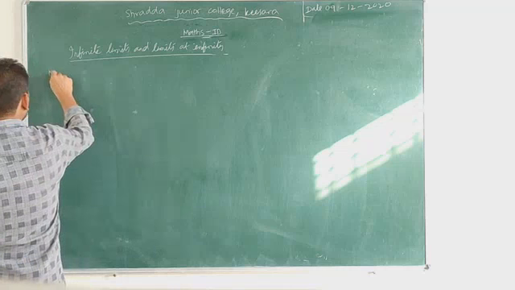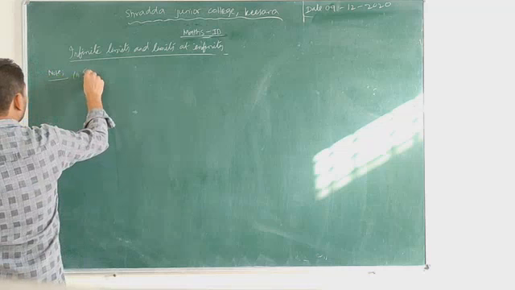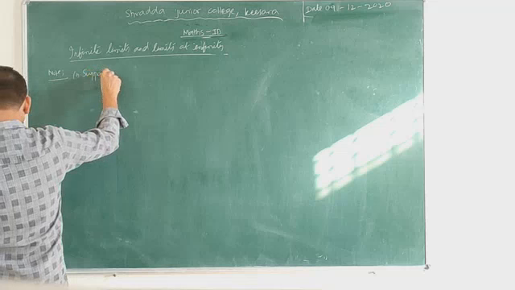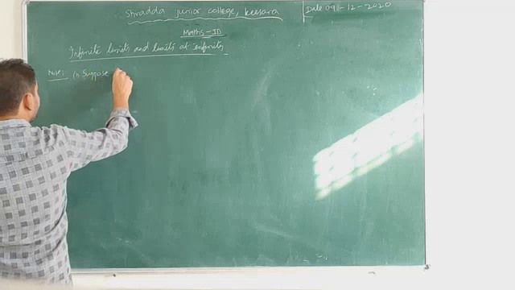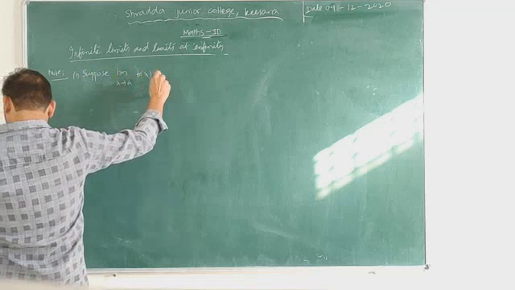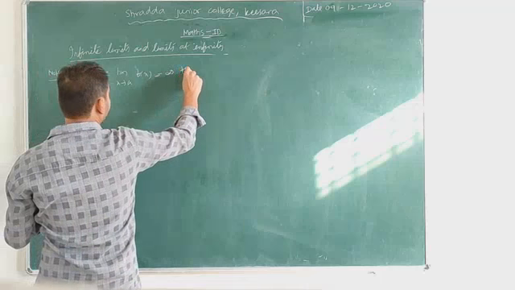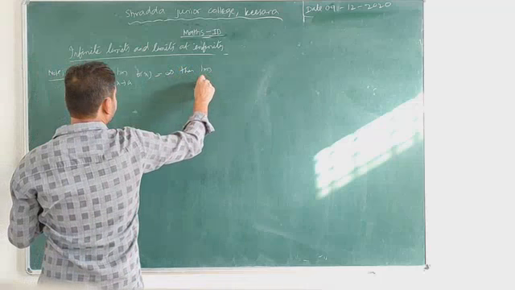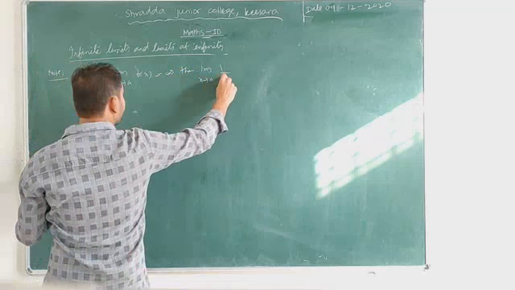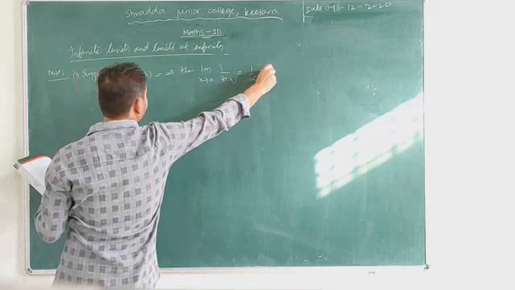Suppose limit x tends to a, f of x equals infinity, then limit x tends to a, 1 by f of x means 1 by infinity is equal to what? 0.